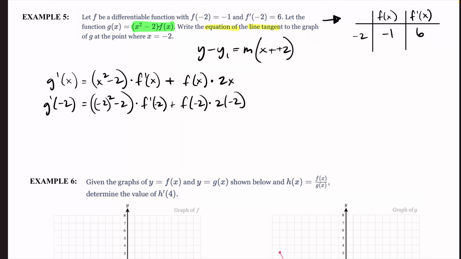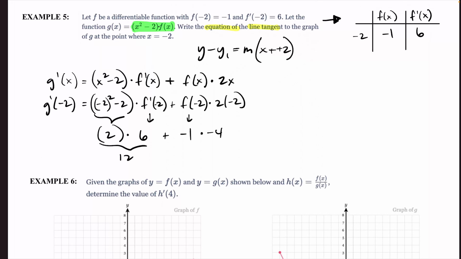So negative 2 squared is 4, minus 2 is 2, so we get 2 here. F prime of negative 2 is 6, plus f of negative 2 is negative 1, times 2 times negative 2 is negative 4.